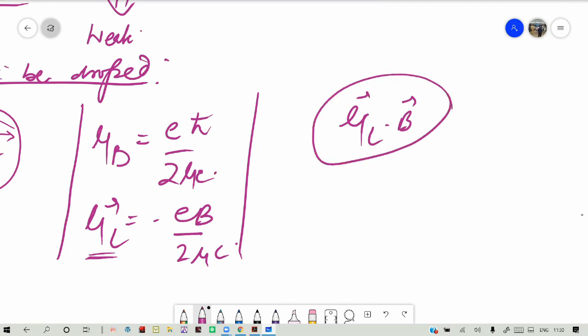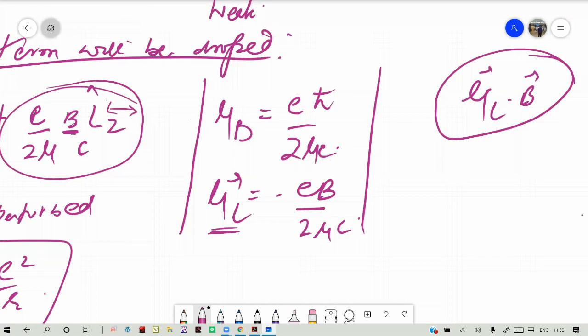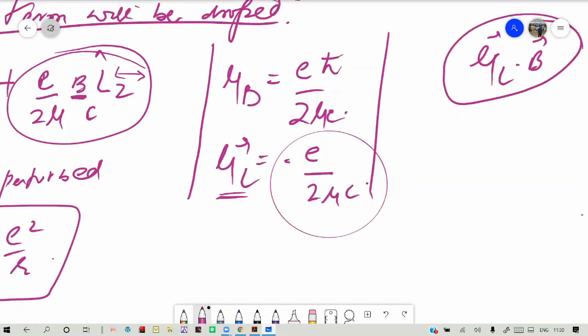So mu L is this, and it is minus e by 2 mc.